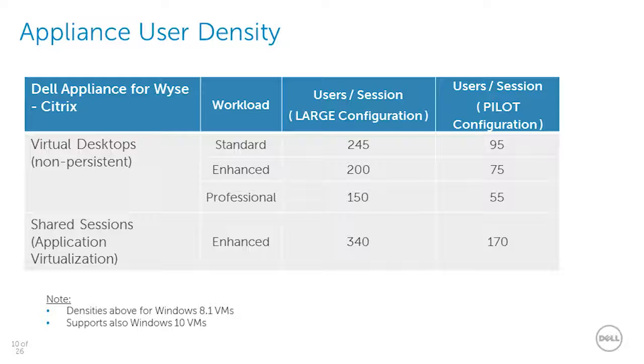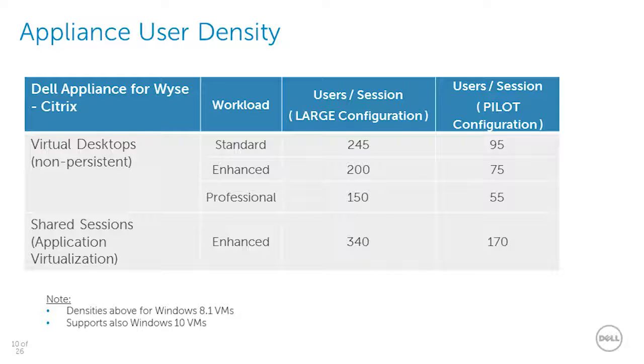A standard VDI workload is ideal for simple task workers, as for a use case such as a kiosk or a call center. The enhanced VDI workload is ideal to run office productivity applications. And the professional workload is for advanced knowledge workers who might need to create or edit videos or graphics and who have a heavier use of the CPU, of the RAM, of the server.